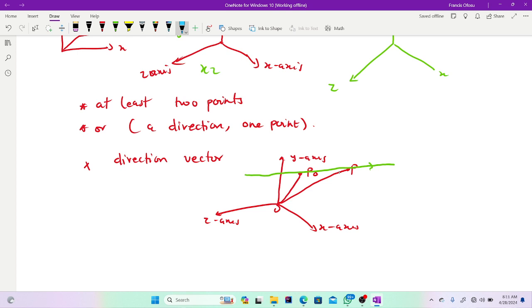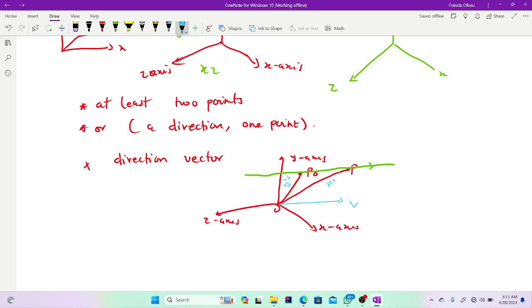That vector will have the same direction, so we introduce a new vector v which is parallel to this line. Once you have this, we let the position vector of P naught be vector r naught, and the position vector of P be vector r, right?